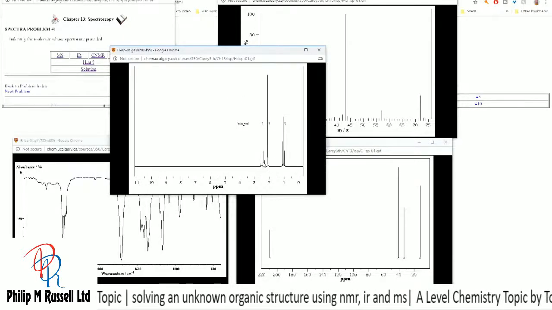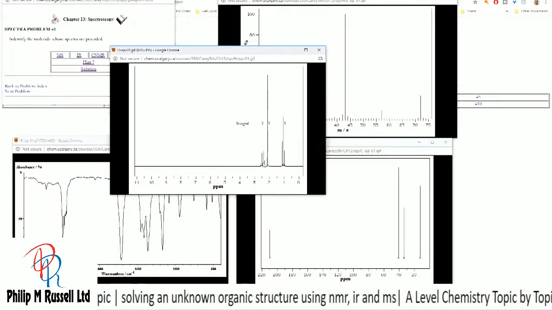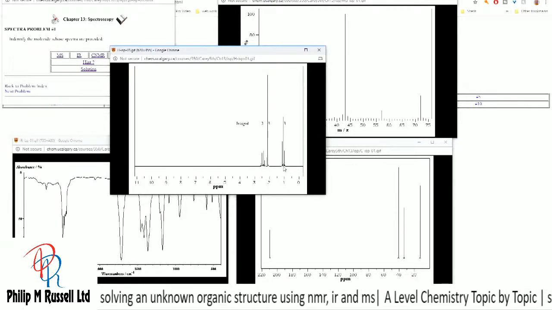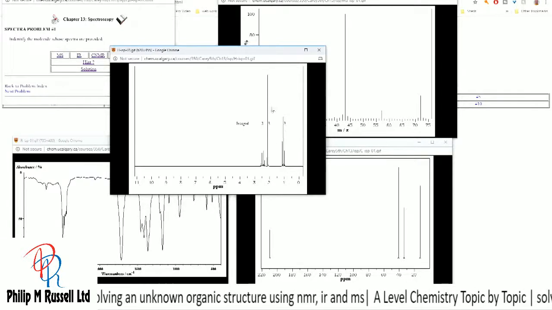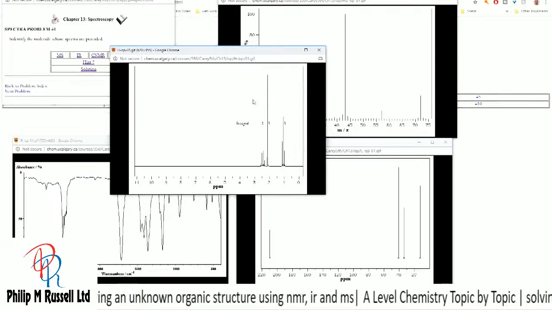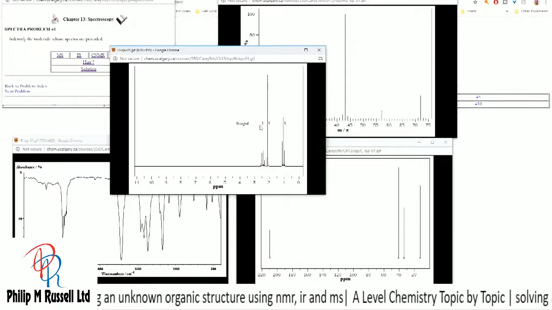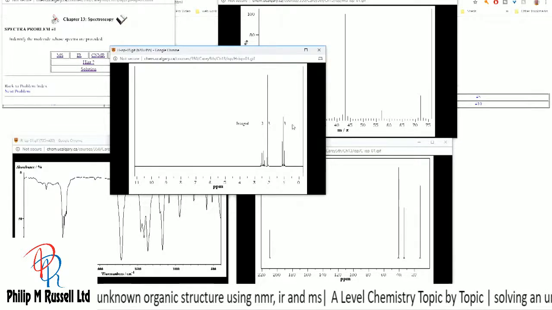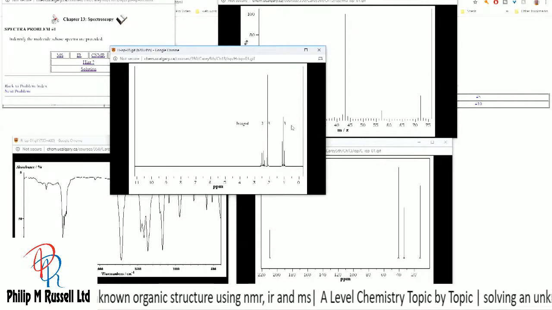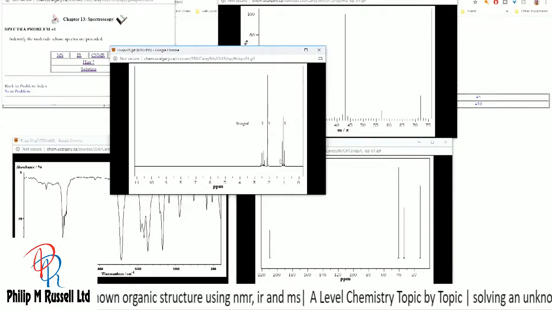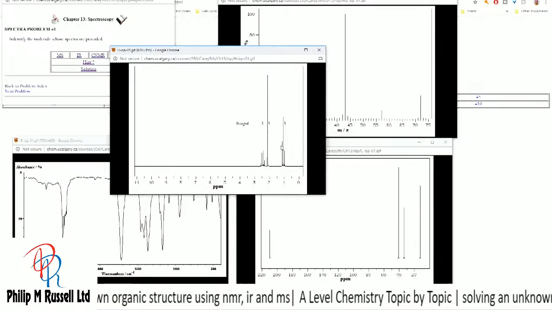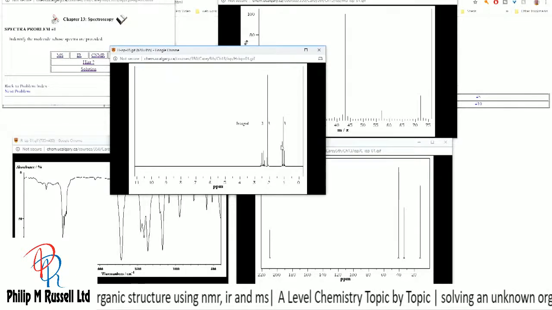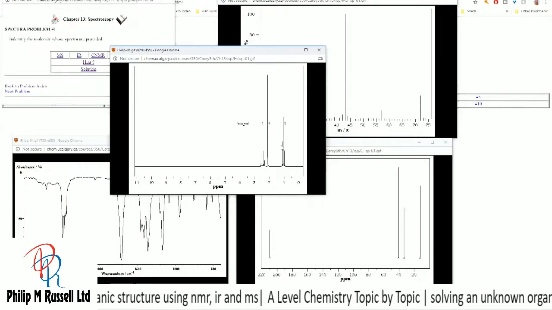We've got 3 different environments, first of all 2 different heights. Let's look at the integration of these, and it says we've got 2, 3 and 3. Down here we've got a triplet. Now, thinking of a triplet, that looks like I'm looking at something like a CH3.